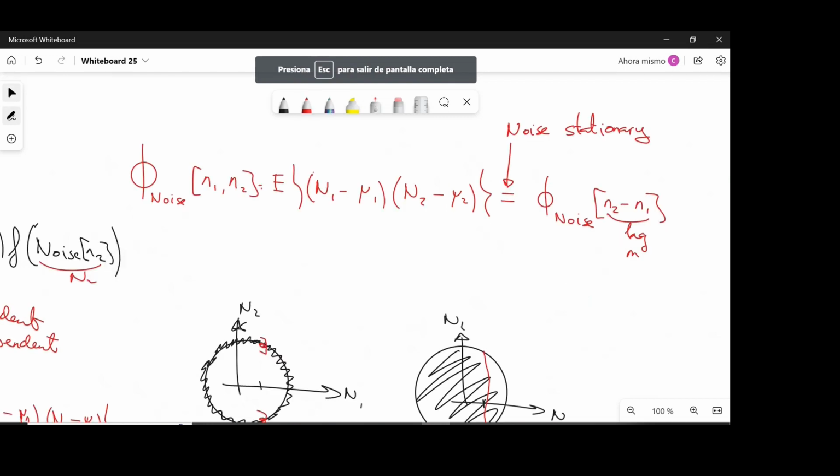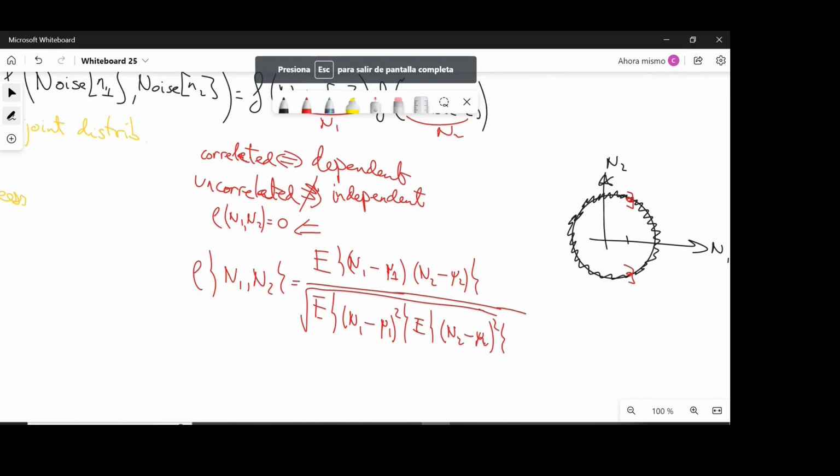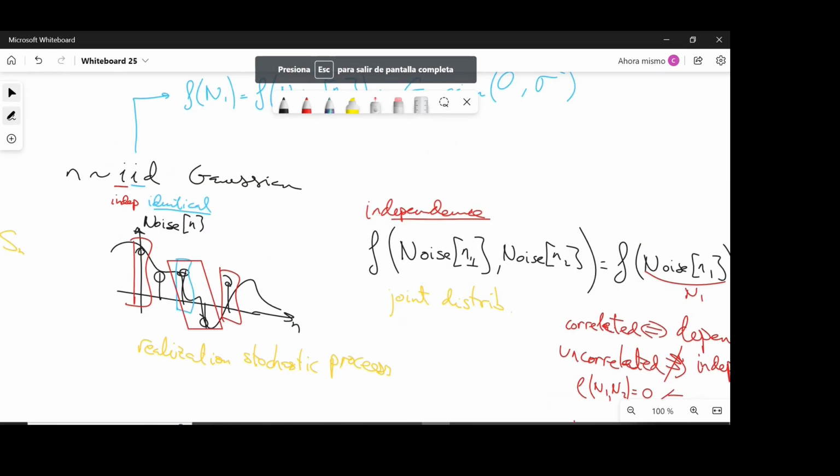So in our signal that goes somewhere here, these two variables are equally related as these other two. The relationship between these two is the same as the relationship between these two, because the separation between these two is 1, and the separation between these two is also 1.